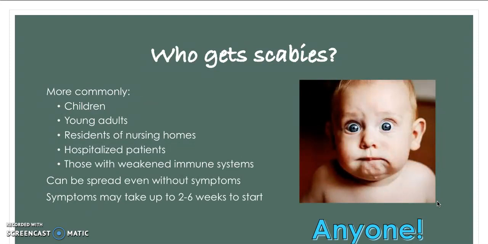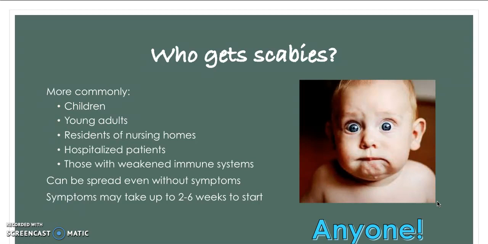Anyone. Anyone can get scabies. It doesn't matter if you're the cleanest person or you're not clean. Like I said, they can live without the blood source for a while, so anybody is really at risk for it. But most commonly, children, young adults, residents in nursing homes, or crowded areas of living. And then those with weakened immune systems are also at risk for scabies.